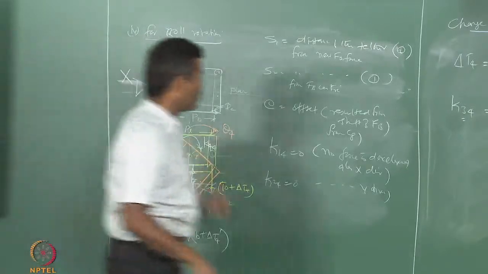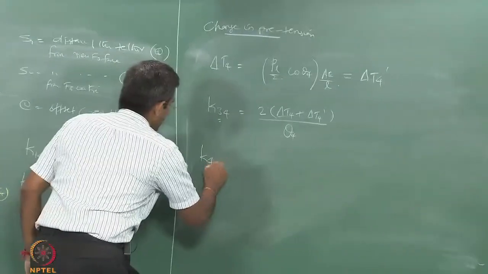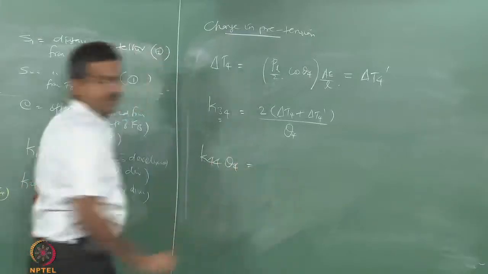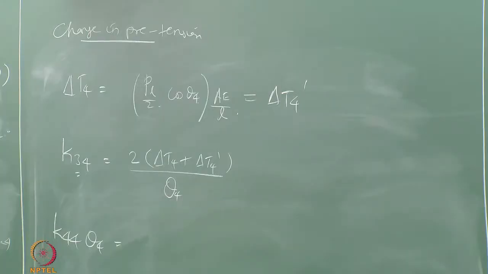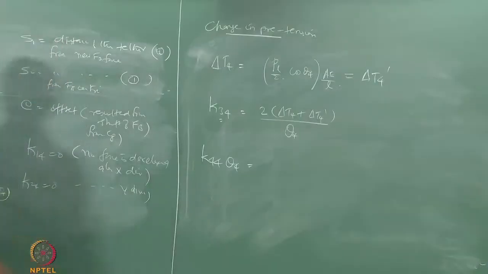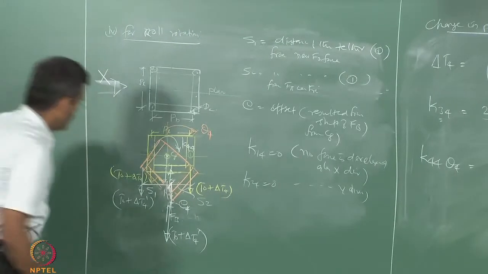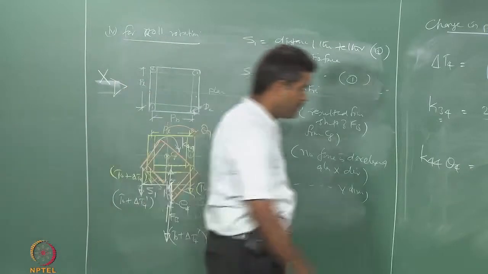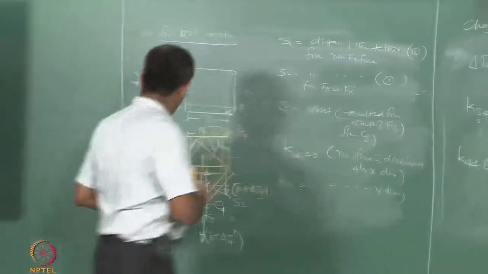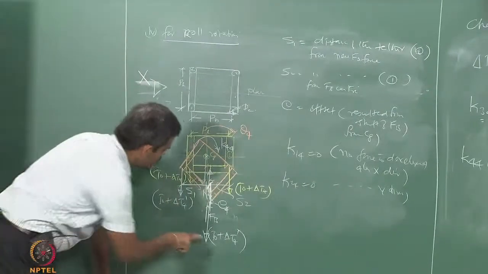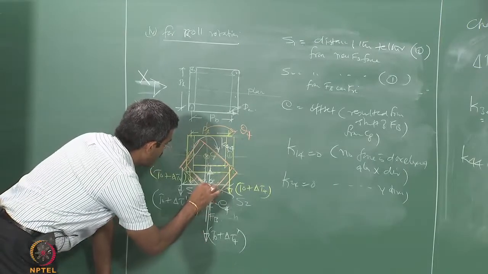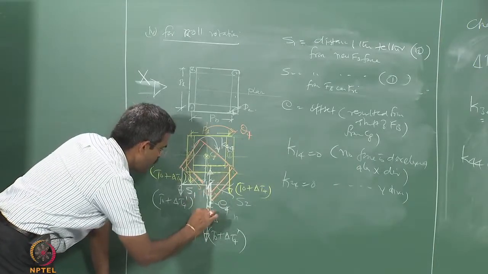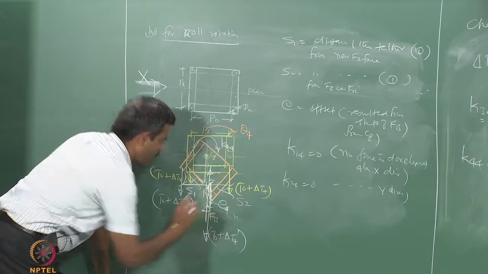So K44 of theta 4 should be equal to, this is anti-clockwise, you can see this is clockwise, will be equal to now, this is tension in the cable, and this is the point where Fb is acting. Fb is acting this way, this is my buoyancy force.